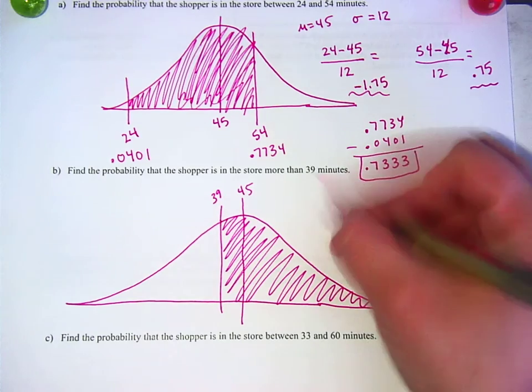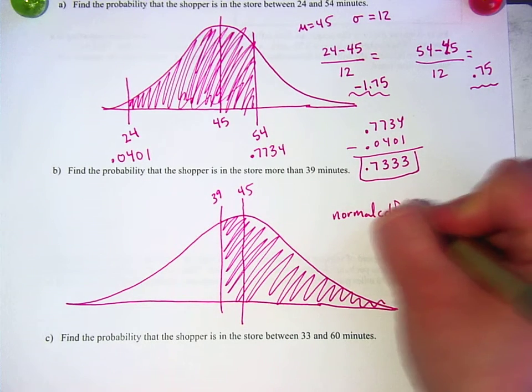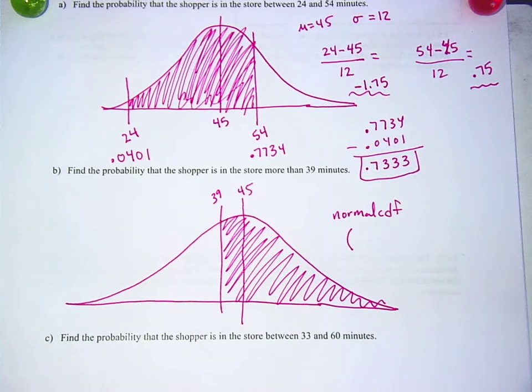So first of all, I want you to write normal CDF on this one because I'm showing you how to do this. And when you're doing a CDF problem, make sure I have this right.